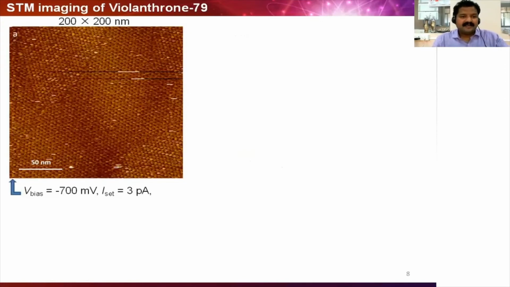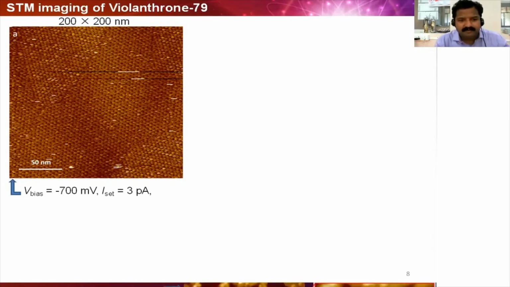Here is another example, as we wanted to show the repeatability of this process. We checked with different substrates, with different tips, and we ensured that what we are seeing is not an artifact but a real thing. Here is an example of an extremely large area in terms of STM size, about 200 by 200 nanometers. We can see it forming uniformly across the surface.